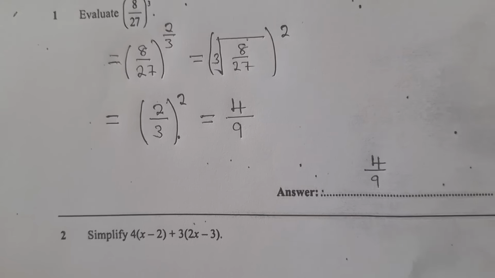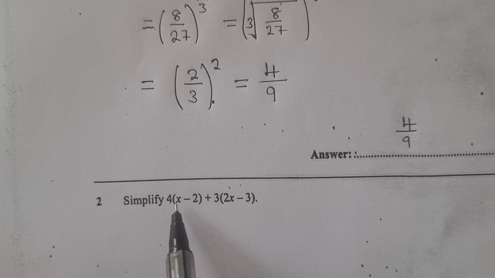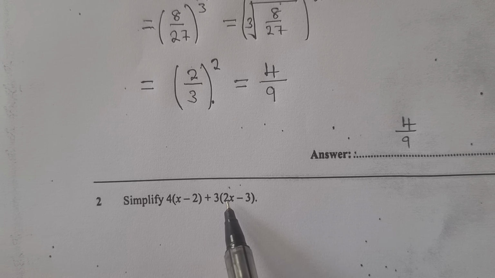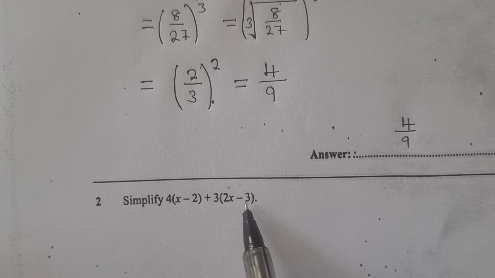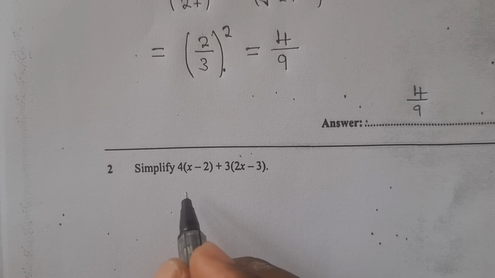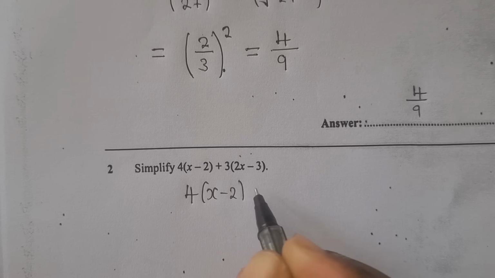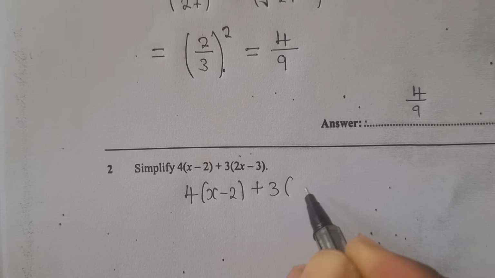The next question, they are saying simplify 4(x − 2) + 3(2x − 3). So here we're simply going to copy. I like copying. It's very important that you copy what you've been given.